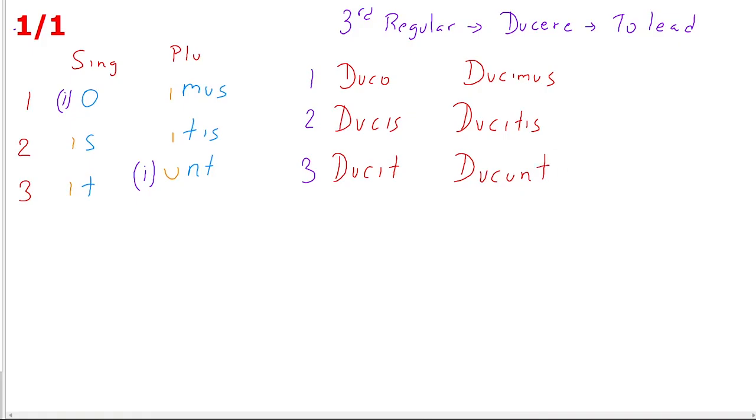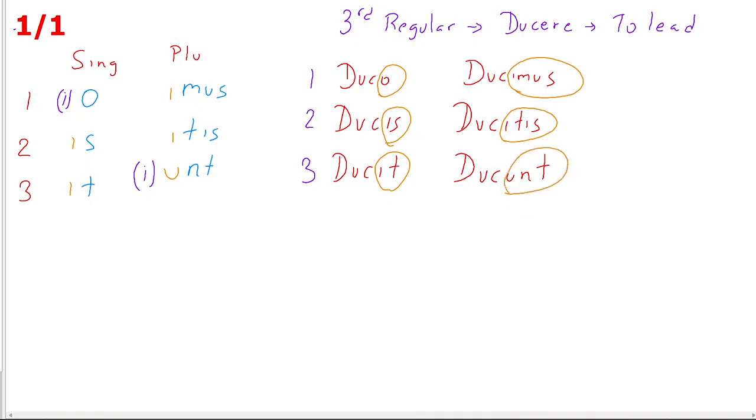So as you can see here, duco, ducis, ducit, ducimus, ducitis, ducunt.